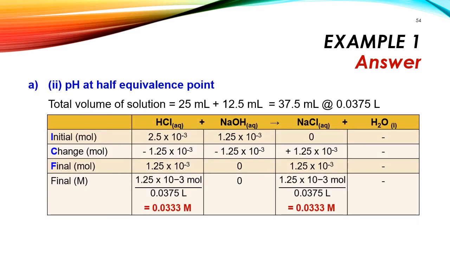By using the ICF table, we can determine the final composition of the reaction. From the ICF table, we can observe the final concentration for the hydrochloric acid remains at 0.0333 molar, and the sodium chloride formed is 0.0333 molar. That shows the sodium hydroxide is completely consumed during the reaction.